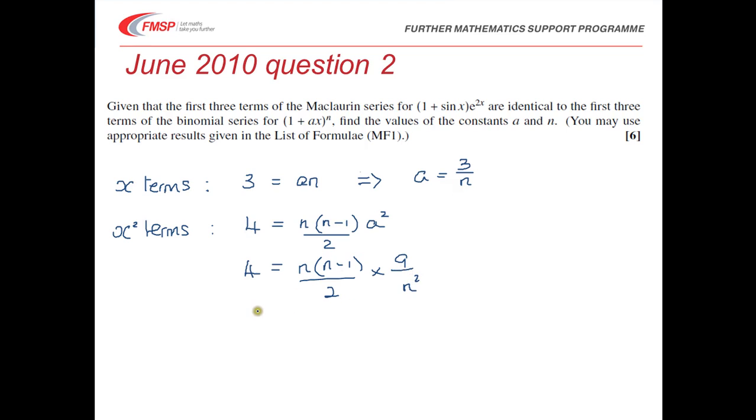So we're going to get 8n squared on the left equals 9n squared minus 9n. If we simplify that and factorize it, you'll end up with n(n minus 9) equals 0. So we know that n isn't going to be 0, so that implies that n equals 9, in which case a is equal to 1/3.